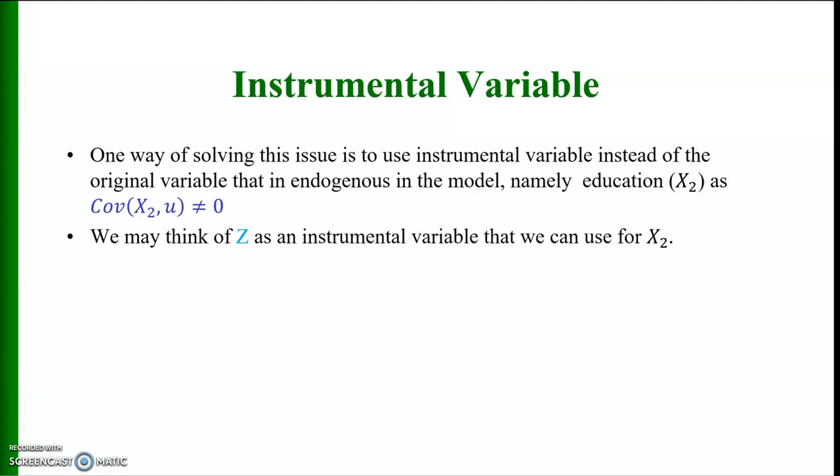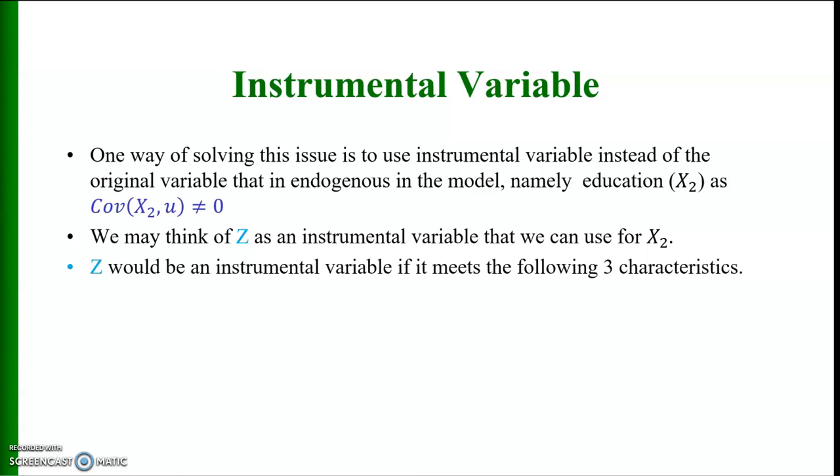Think of z as an instrumental variable that we can use instead of the original variable x2, that is education. Now z would be an instrumental variable if it has the following three properties. The first property is that the covariance between z, the instrumental variable, and the stochastic disturbance term is equal to 0. That is, there is no relationship between the instrumental variable and the error term.